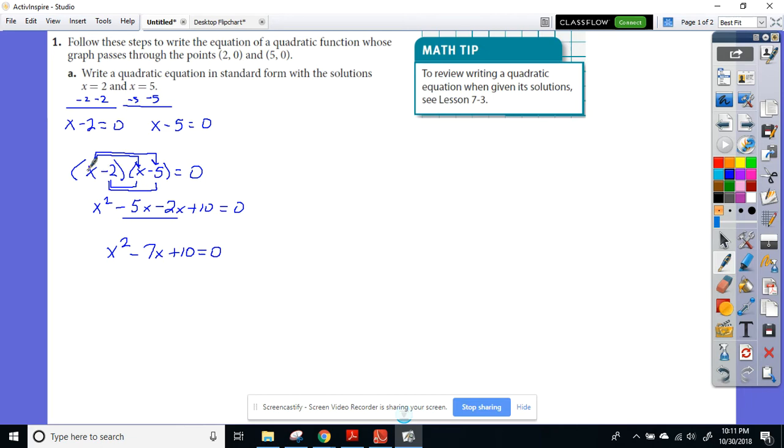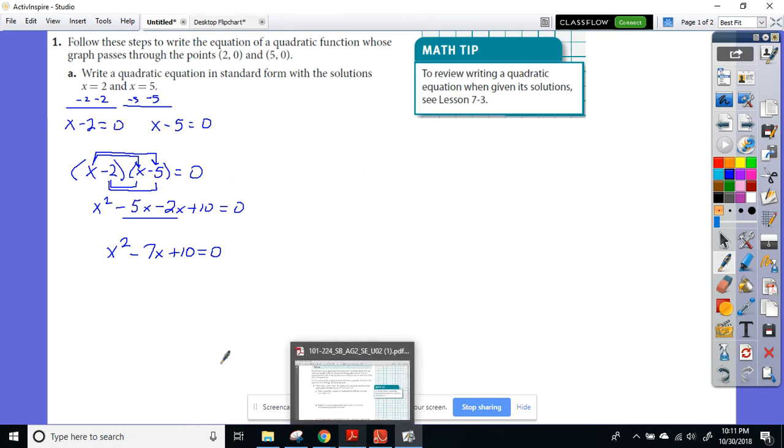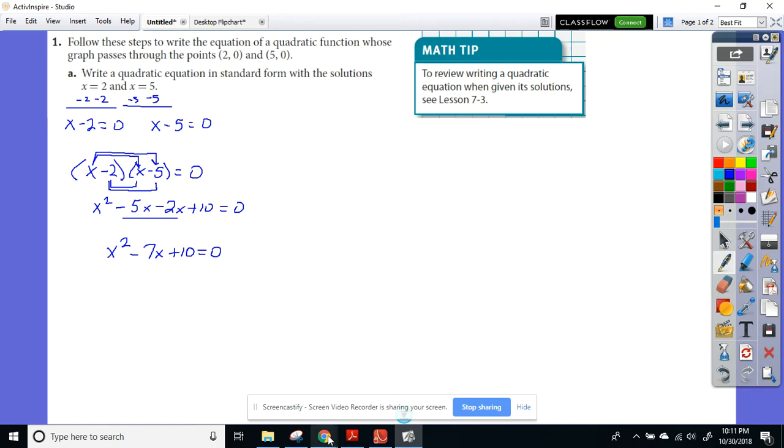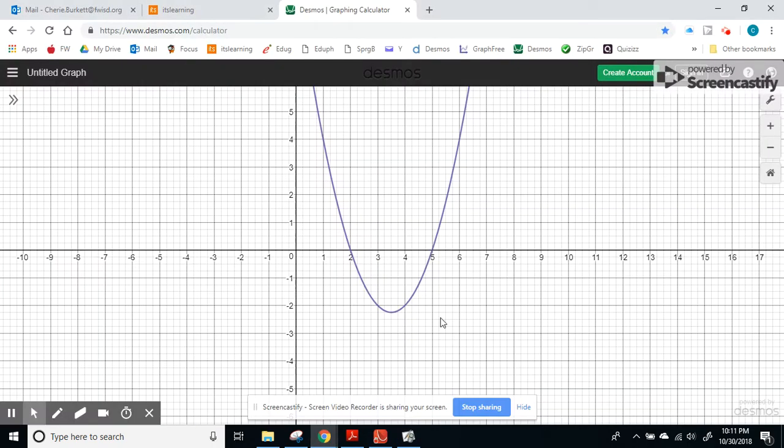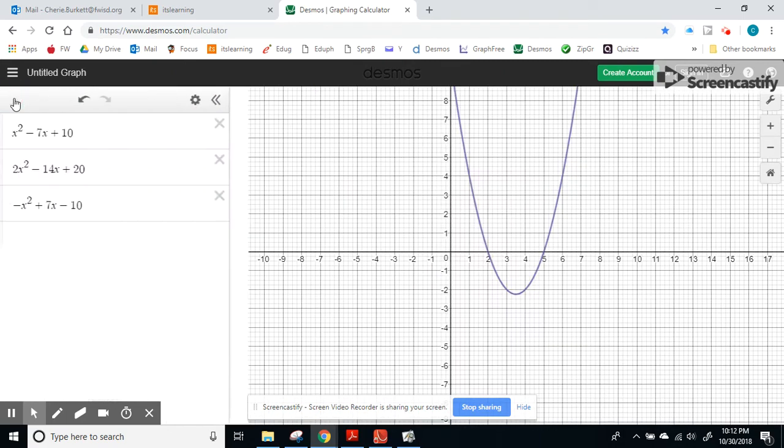Now it says, back in the Springboard book lesson, it says graph this. So I went to Desmos and I graphed it. And this is what it looks like. So why is knowing just 2 points that this graph passes through not enough? Let me show you.